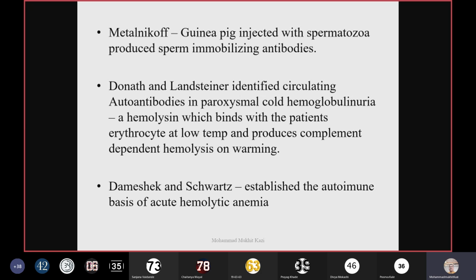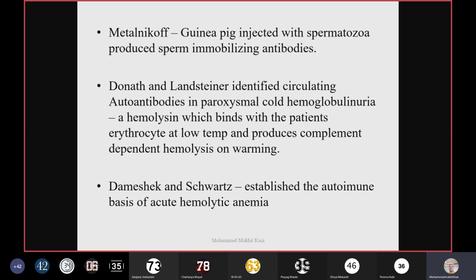Metalnikov carried out an experiment to find out what exactly the autoimmunity mechanism is. He injected guinea pigs with spermatozoa, which resulted in immobilizing antibodies, which means the spermatozoa were blocked.